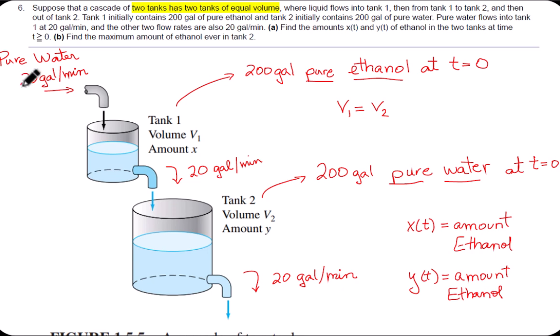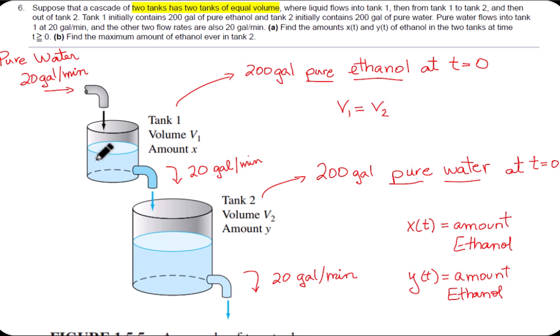We have 20 gallons coming in, 20 gallons going out. So the rate is going to stay the same. And the rate it's leaving tank 2 is 20 gallons per minute.